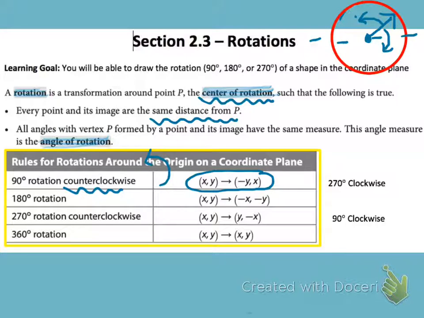If we want to rotate 90 degrees, this is the rule that would do it. It would take the point (x, y), whatever that coordinate might be, and map it onto (negative y, x). So what's happening here is the coordinates switch around and then make the first coordinate the opposite of what it was to begin with. So again, we're going to switch and change the first.